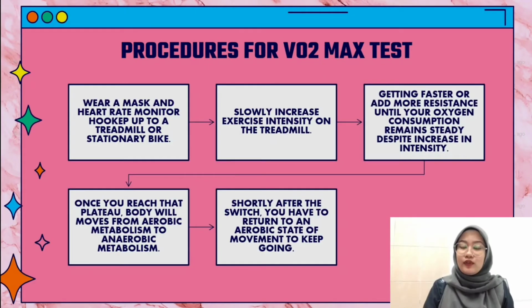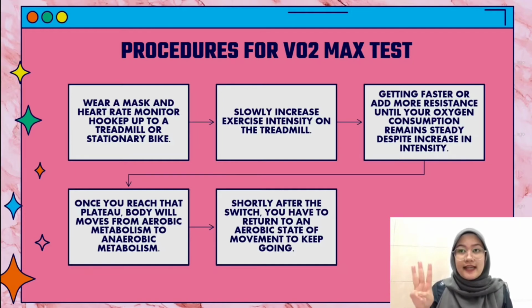Let's move on to the next slide, which is the procedure of the VO2 max test. The first step is the subject must wear a mask and a heart rate monitor, hooked up to a treadmill or stationary bike. The second step is to slowly increase exercise intensity on the treadmill.